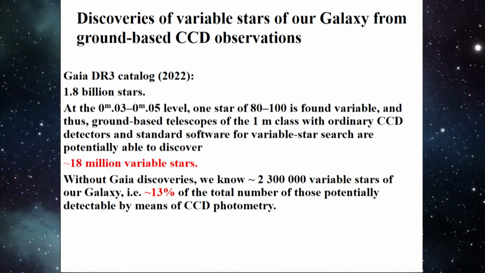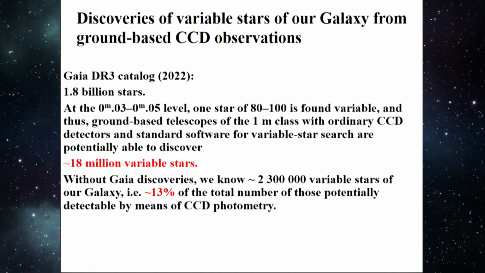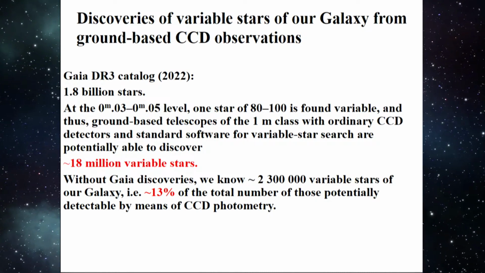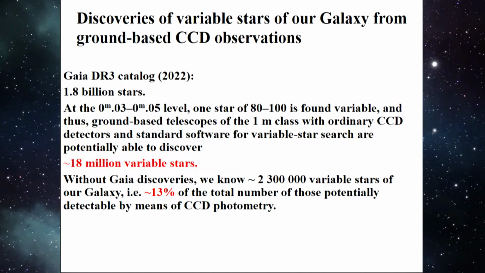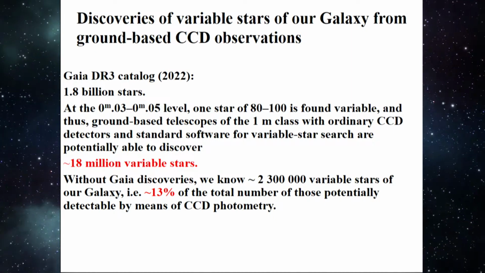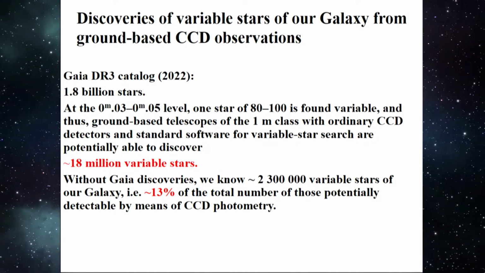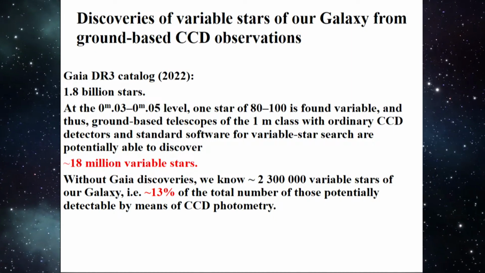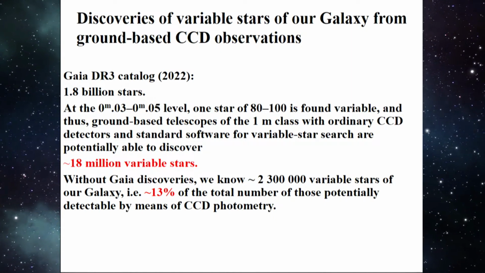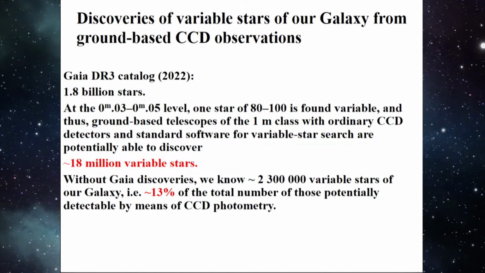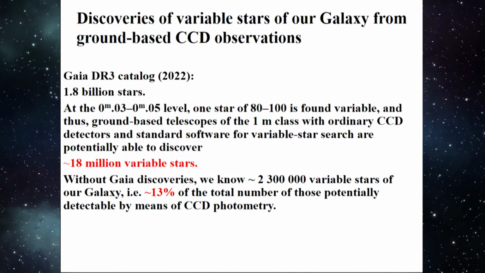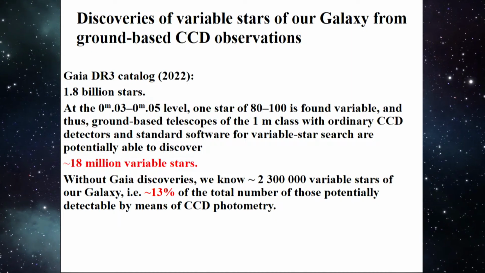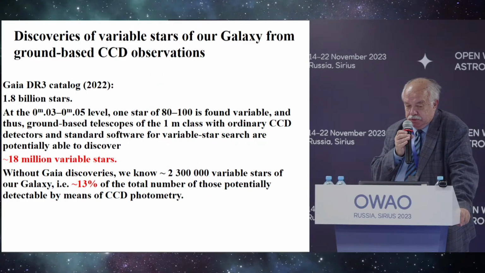This is just a figure to show you how many stars we have in the reasonable brightness range. Now, if we restrict ourselves to easily detected amplitudes, about 0.03, 0.05 magnitude, then our experience shows that we can find one variable star approximately among 80 to 100.